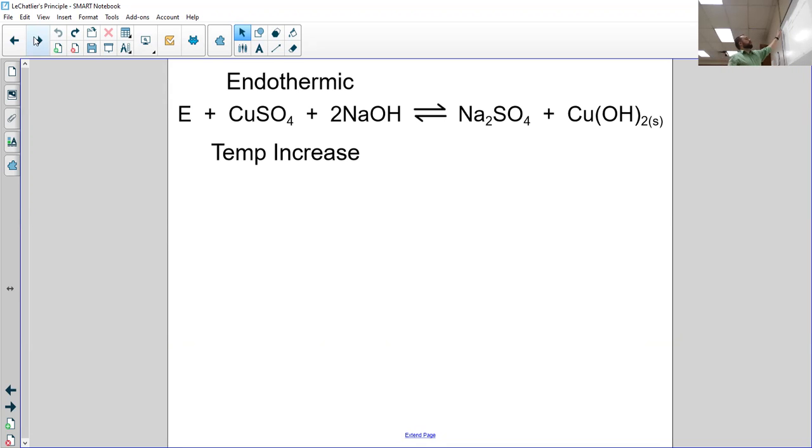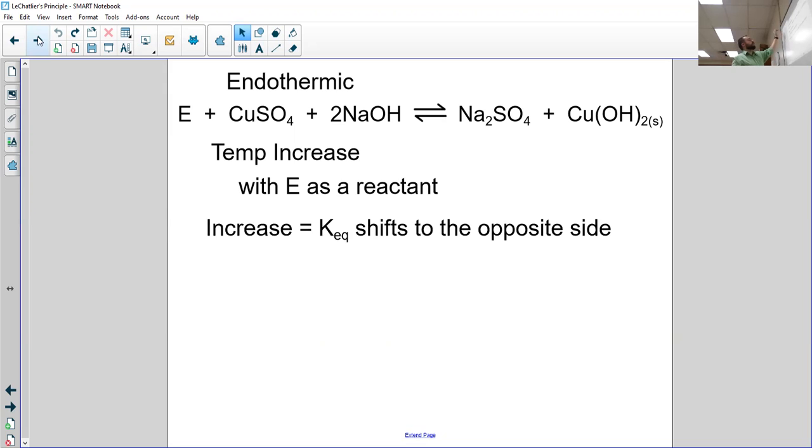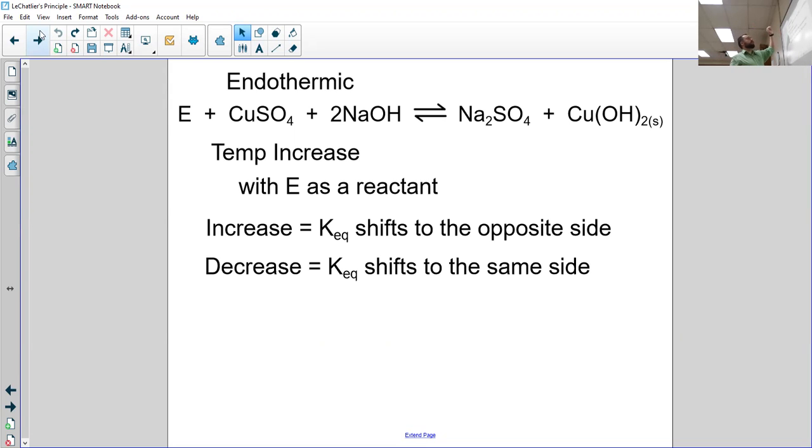As temperature increases with energy as our reactant, we're going to shift the equilibrium point. K equilibrium shifts to the opposite side, so it's going to shift to our products. If we decrease the temperature, the equilibrium point is going to shift to the same side, so back to our reactants. In this case, with the temperature increase, we're going to shift to the products.